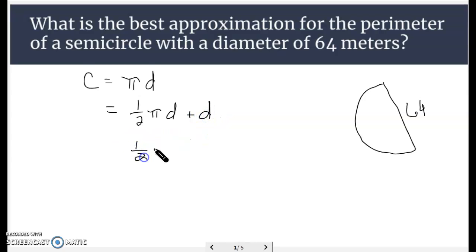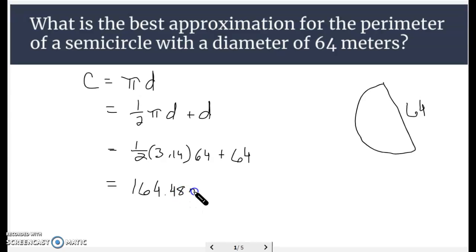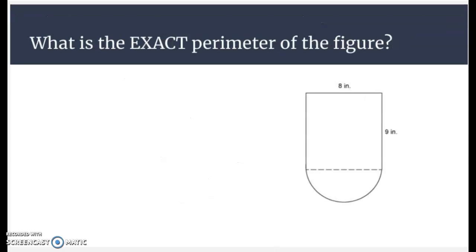So 1/2 times 3.14 times 64 plus 64. We come up with 164.48 meters. Perimeter of the semicircle.